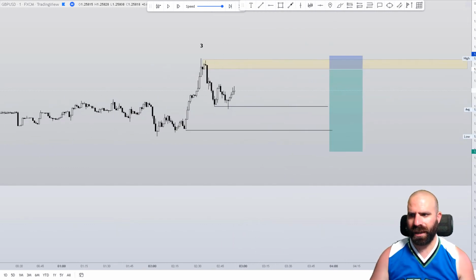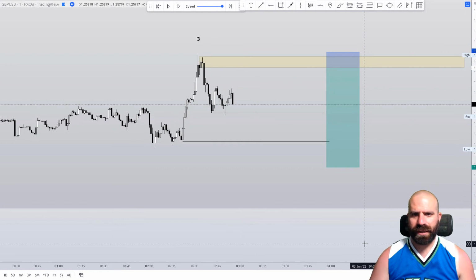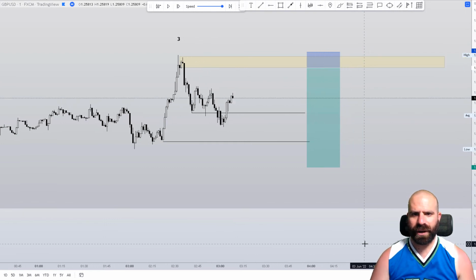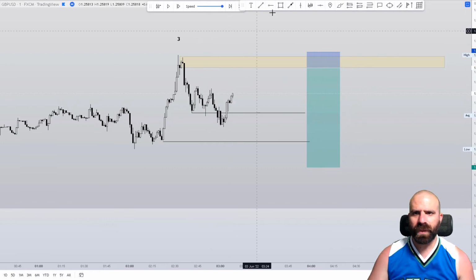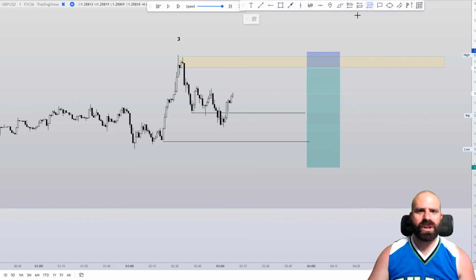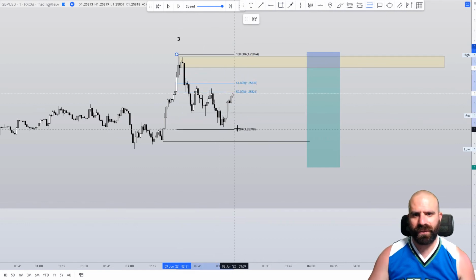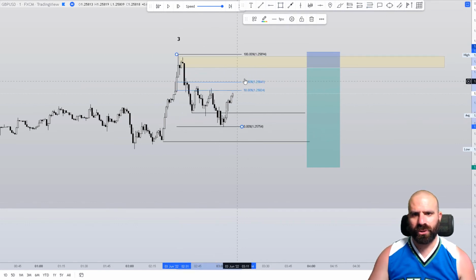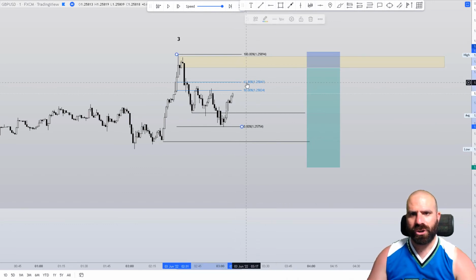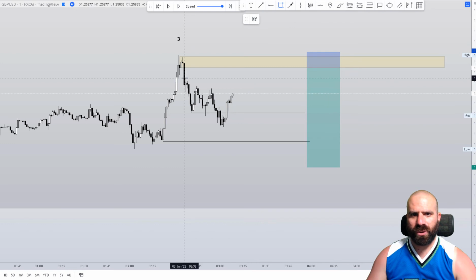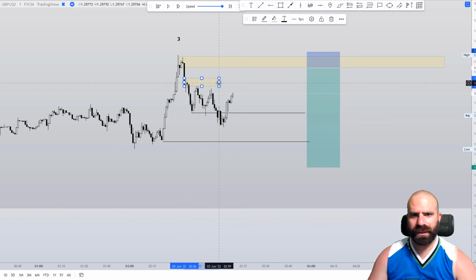Now I'm gonna be zooming in, guys, so you can see it more clearly. We have a clear break of structure, as you can see. Of course, you might claim that we can use this one for trades. We wouldn't be using this one because, as I had said in a previous video, we want price to retrace to at least the 61% level. So what we would be using is this part of the order block that was not tested.